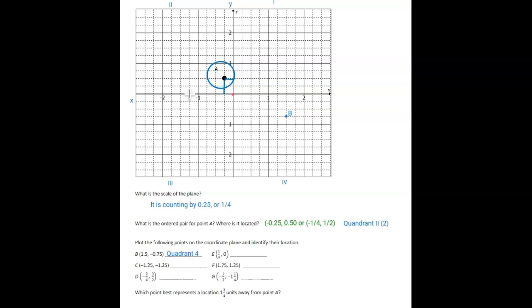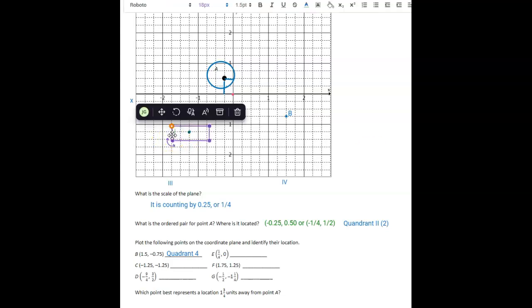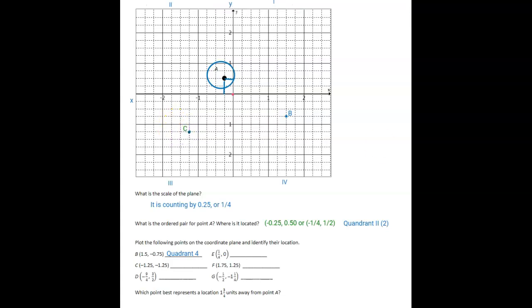That represents a quarter. Our y value is negative 1 and 25 hundredths. So we're going to repeat the same number of places. We're just going to go down on the y-axis, and we're going to stop at the first grid line, and we're going to plot a point there, and we're going to label it with a C, because that is point C.